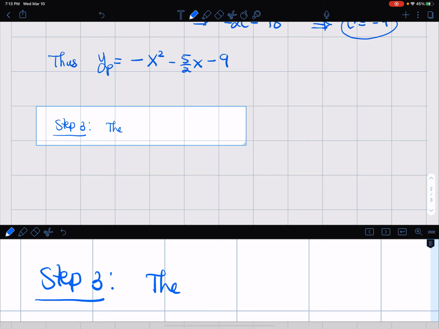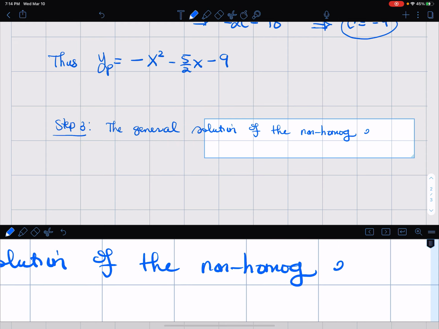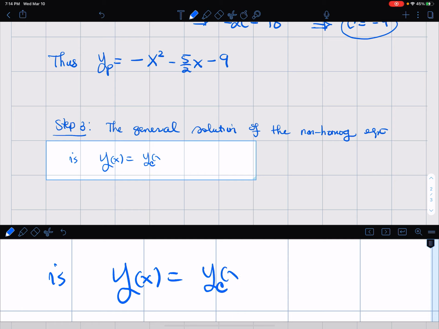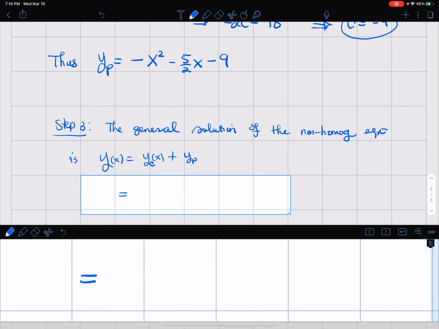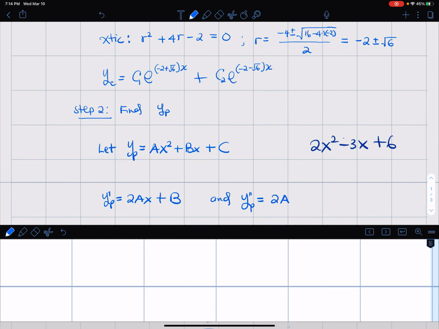The general solution of the non-homogeneous equation is y of x equals yc of x plus yp. So which is the same thing as, what's our yc? Yc is this.